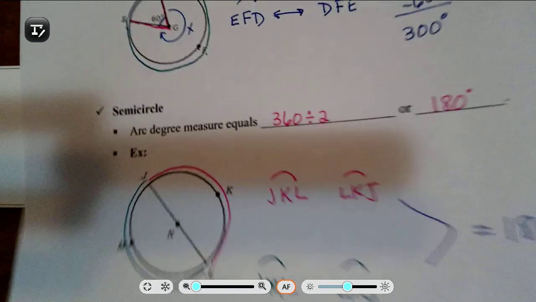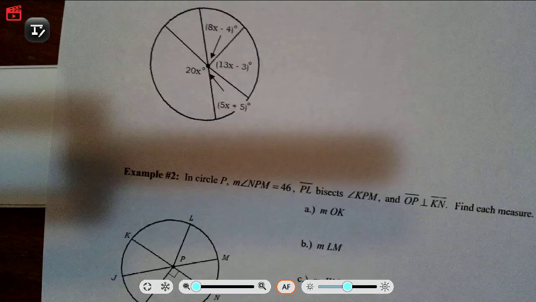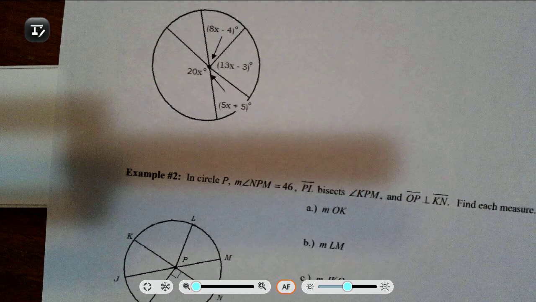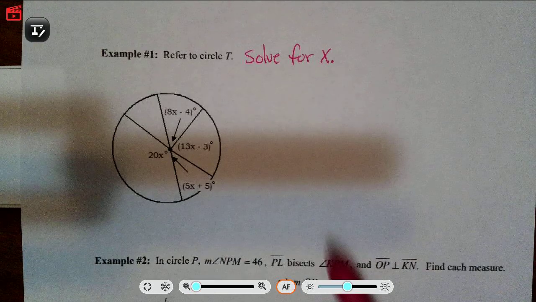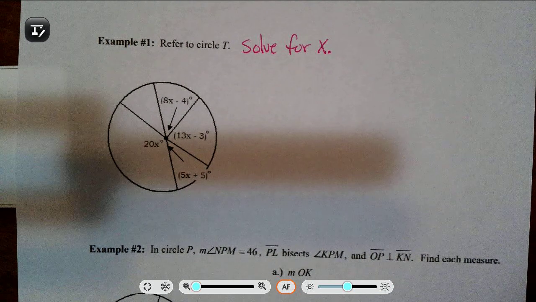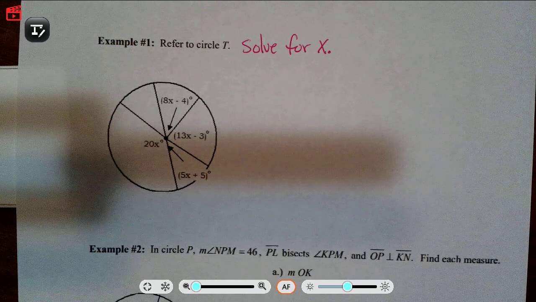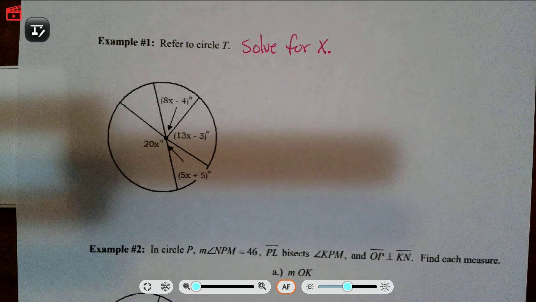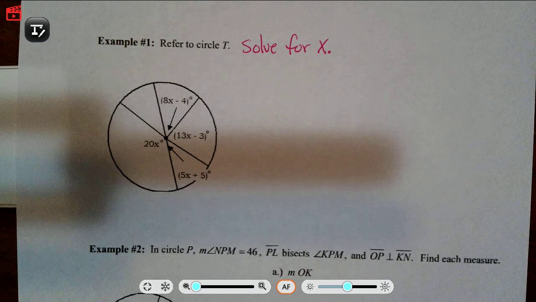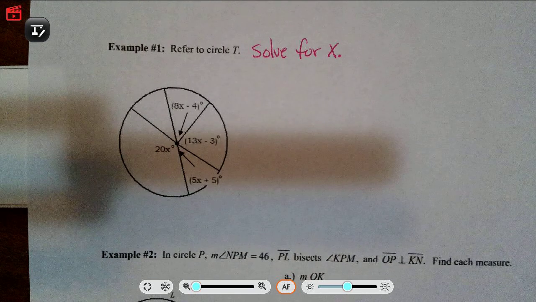All right, let's put some of this practice to good work. If we look at the problem here, we're going to solve for x. So we've got to look at what is going on and then try to figure out where to start. What are some things that we see?